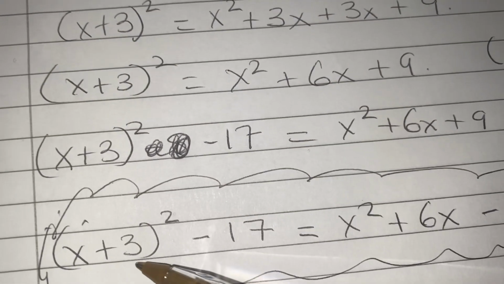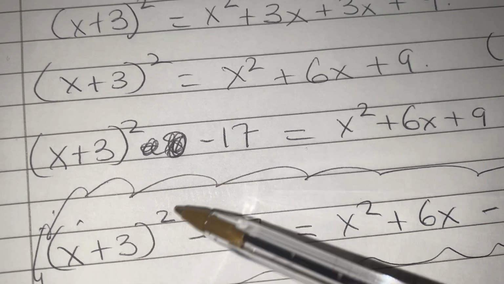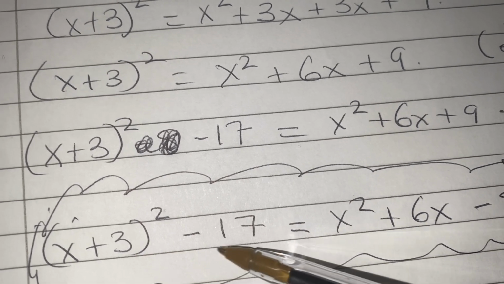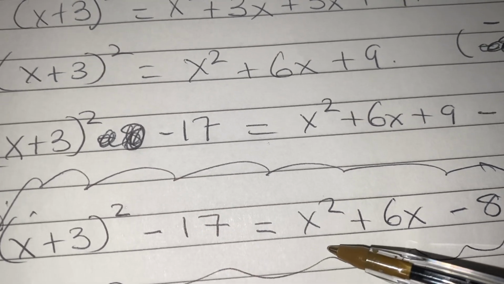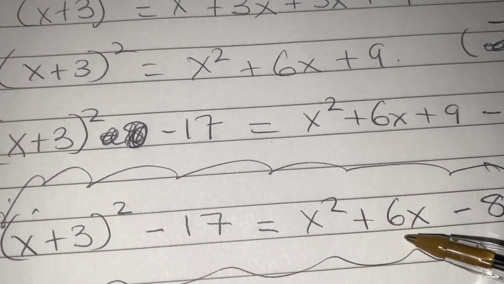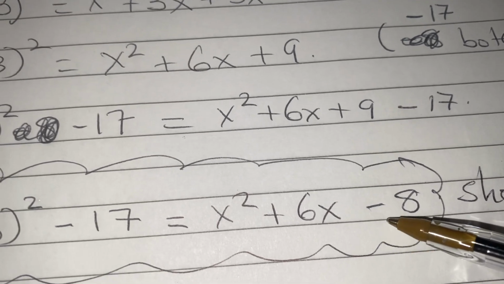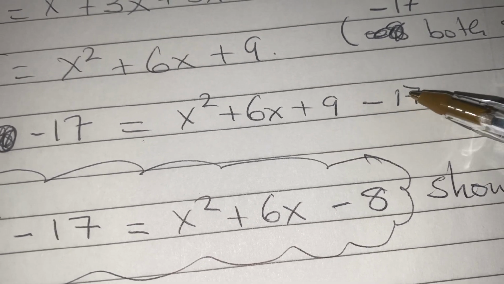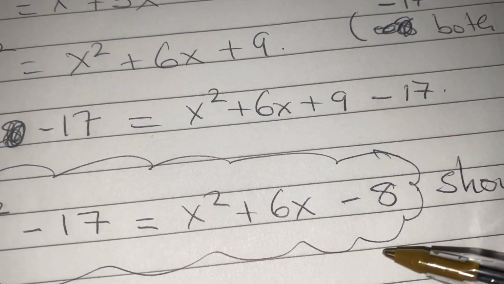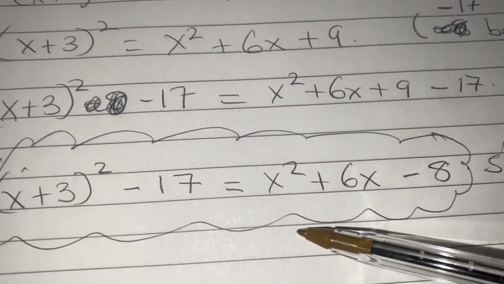So I have x plus 3 all squared minus 17 equals x squared plus 6x minus 8, because plus 9 minus 17 will give us minus 8. So we show.